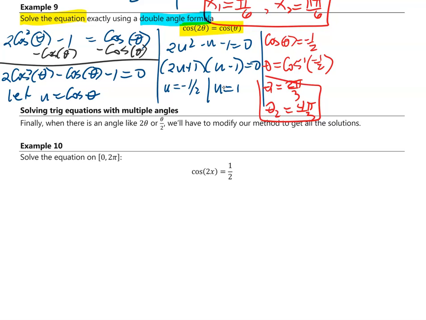And also, when u is equal to 1, let's use this space here, so that is cosine theta is equal to 1, theta is equal to inverse cosine of 1, and that is equal to 0. So our answers are 2 pi over 3, 4 pi over 3, and 0.